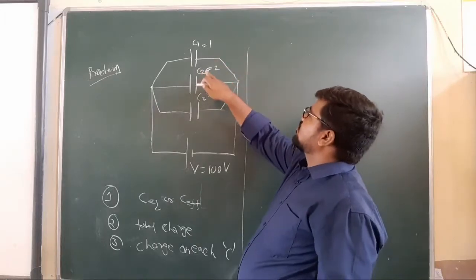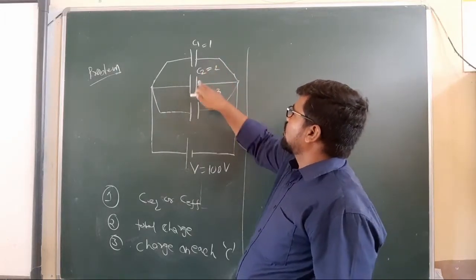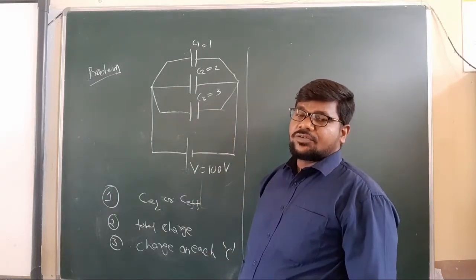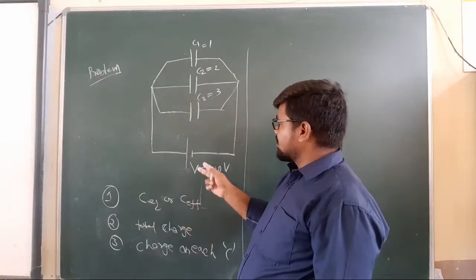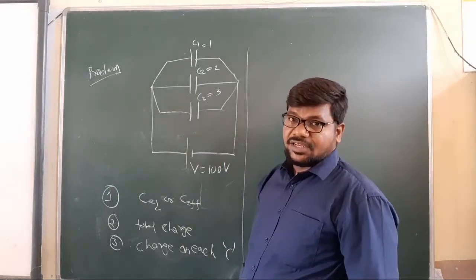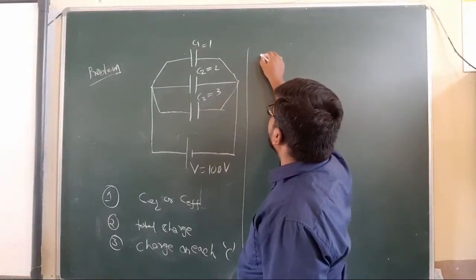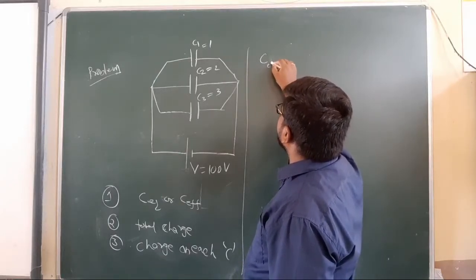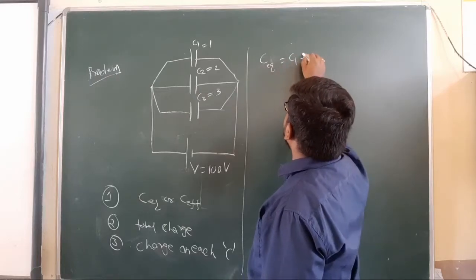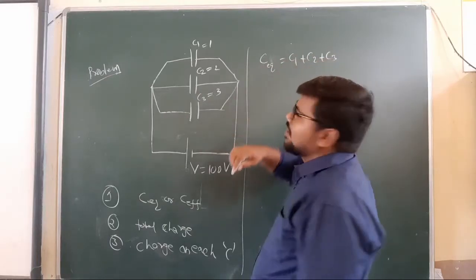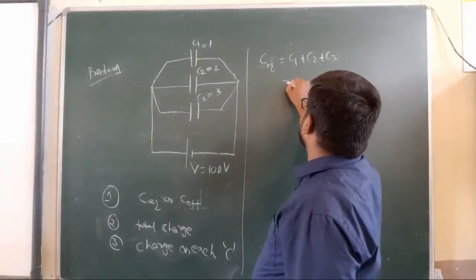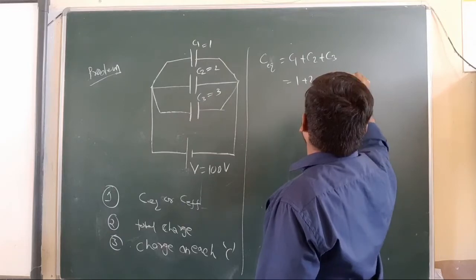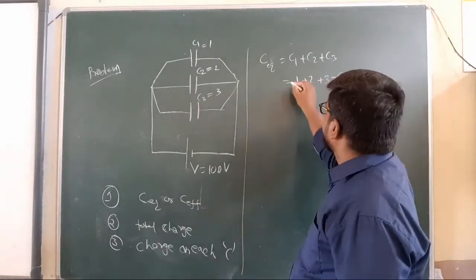We know that C1 is equal to 1, C2 is equal to 2, C3 is equal to 3. So what is the formula for the resultant capacitance in the parallel combination? Yes, C effective or C equivalent is equal to C1 plus C2 plus C3. Simple. So how much is 1 plus 2 plus 3? 6 farad.